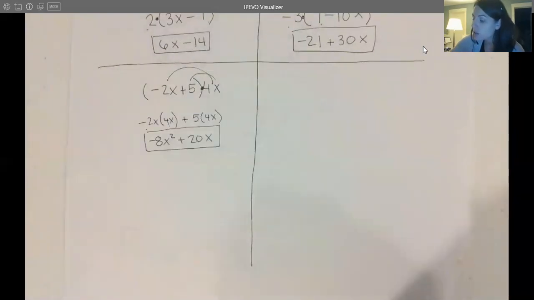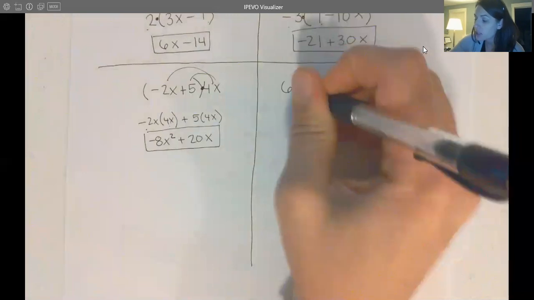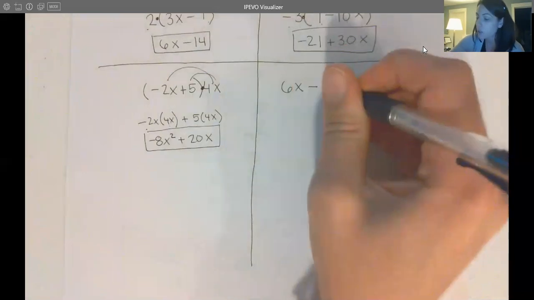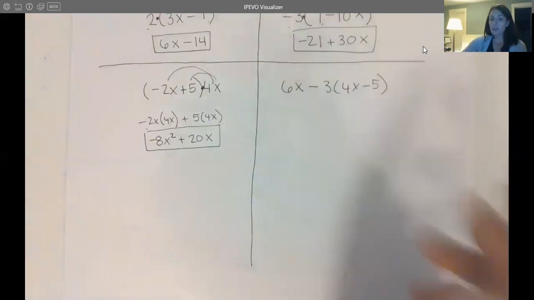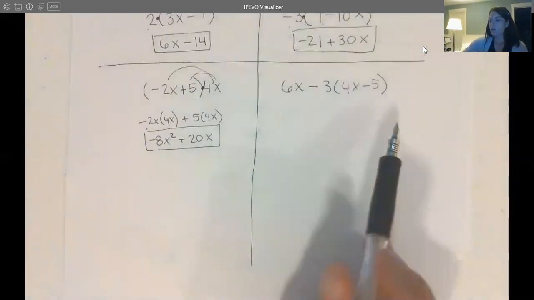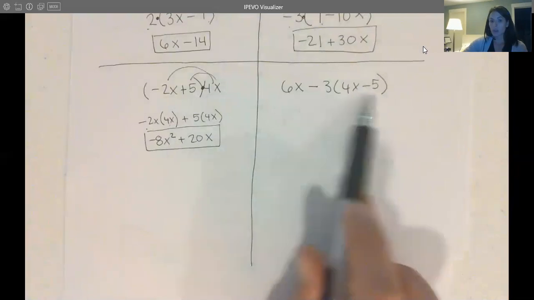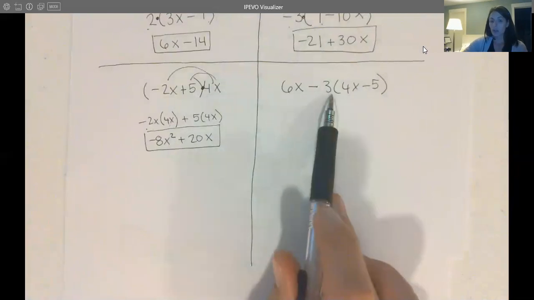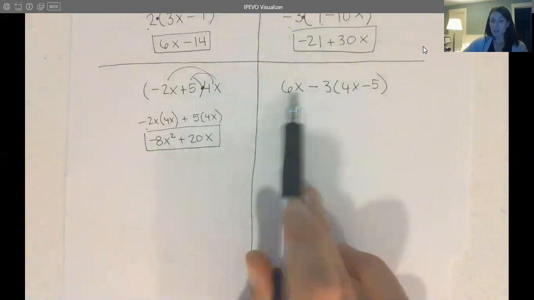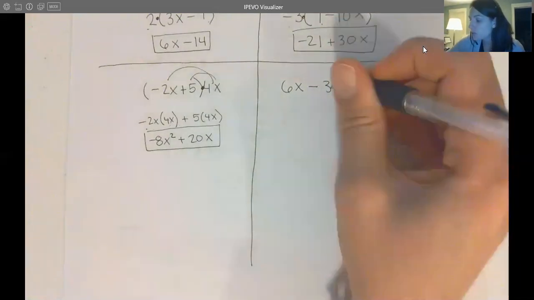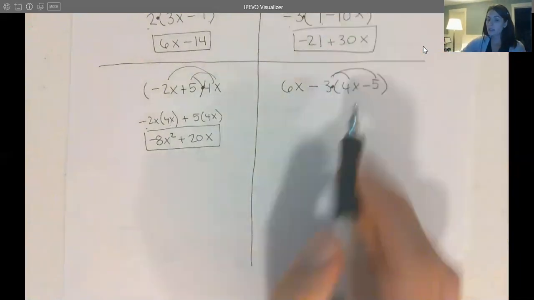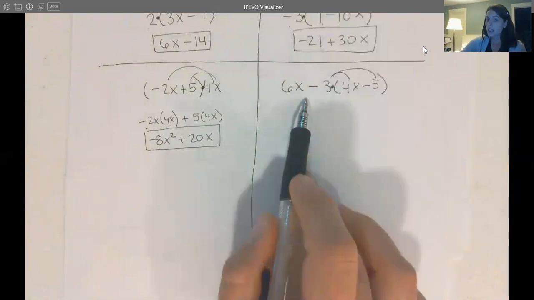We will also see distributing where that's not the only thing that's happening in the expression. So here's an example where I have parentheses, where I can't combine what's in the parentheses, and I have some distributing that can happen out front. And I also have this other term, 6x. First thing I'm going to do is distribute to get rid of those parentheses, and I'm distributing a negative.